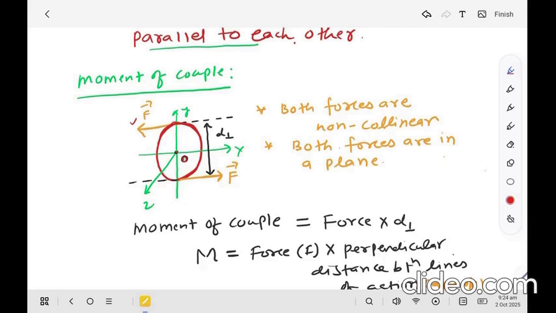Now if you extend the line of action of this force, and extend the line of action of this force, then the distance between these two lines of force is d perpendicular.